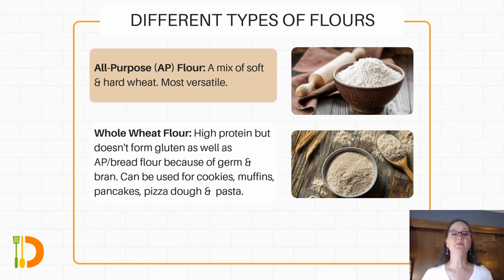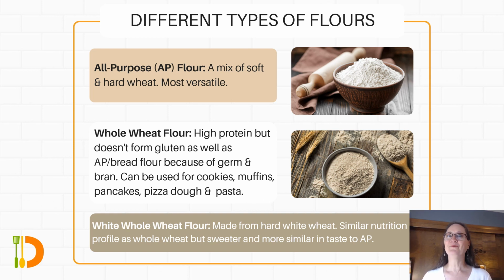It can still be used for cookies, muffins, pancakes, and pizza dough. Personally, I have a pancake recipe where half of my flour as whole wheat works just as well, and I like it better than 1/3 of the flour.